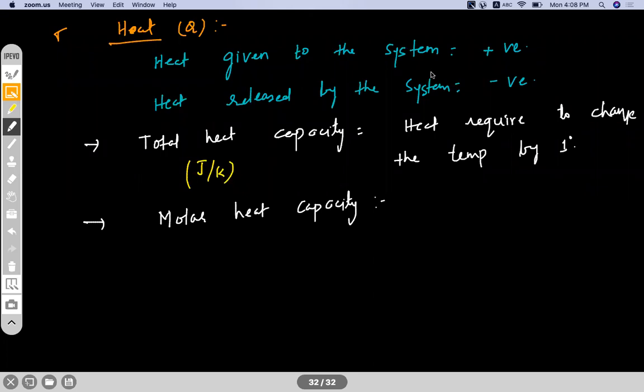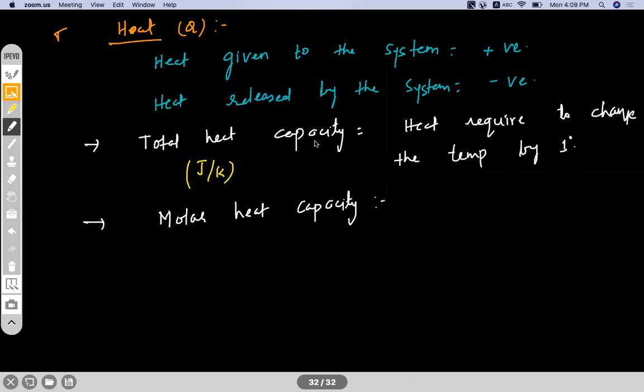To raise the temperature by 1 degree, or to change the temperature, both are the same thing. Obviously you are providing heat, so the temperature will rise.